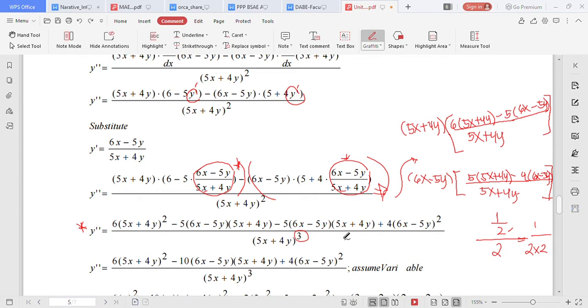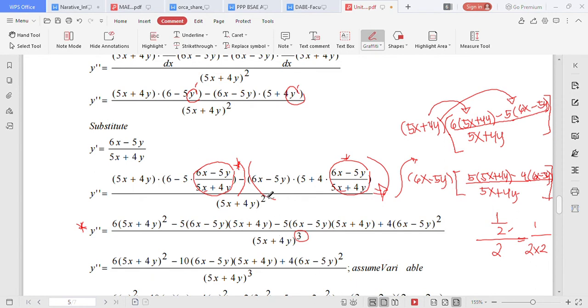Right. So, we brought down the 5x plus 4y, and we have an answer here where we distribute the 5x plus 4y here and 5x plus 4y there. That is why this became 6 times (5x plus 4y) squared minus 5 times (6x minus 5y) times (5x plus 4y).